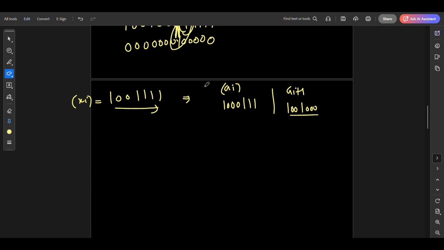And if we take over these operations, we will take the xi, but we have to find this value somehow. So first what we have done is take an invert of this xi, and the invert of xi is something like this, okay?